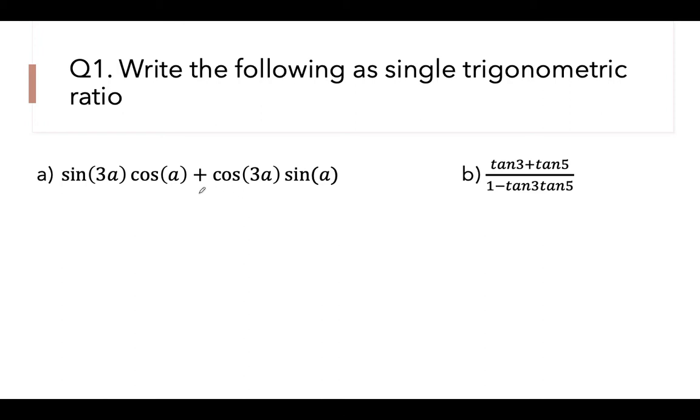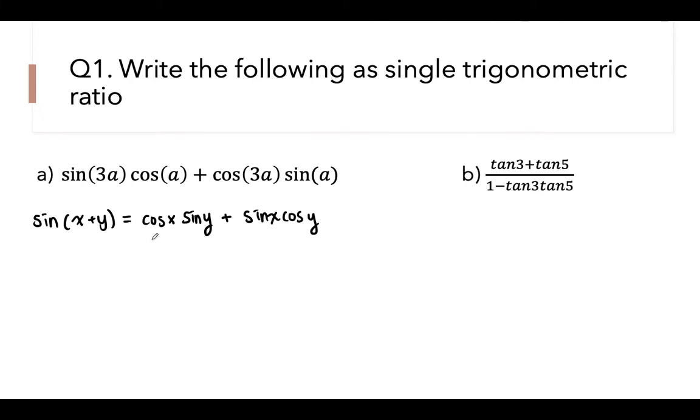Just by looking at it, this looks very similar to sine of x plus y. Don't forget, the order is very important. So it's going to be cosine x sine y plus sine x cosine y.